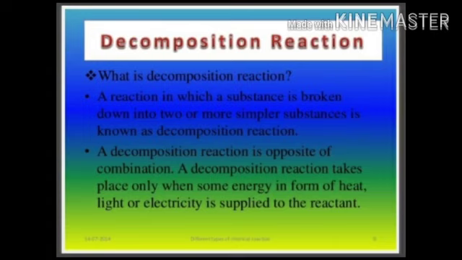Decomposition reaction. A reaction in which a substance is broken down into two or more simpler substances. It is opposite of combination reaction. A decomposition reaction takes place only when some energy in the form of heat, light, or electricity is supplied to the reactant.